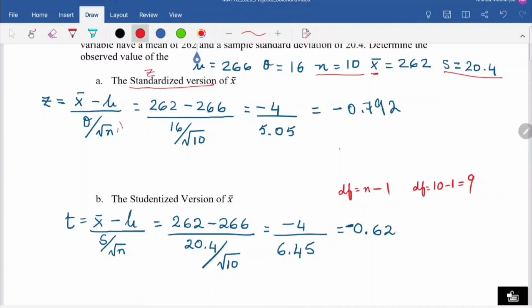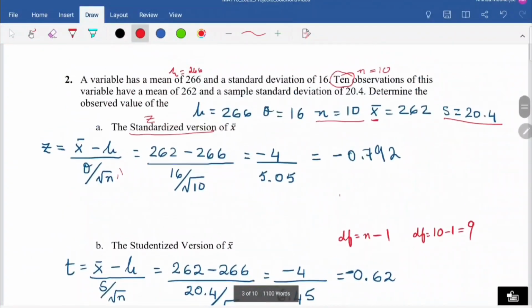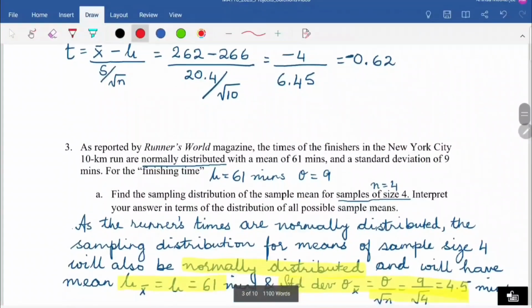But for this particular question, we don't need to mention the DF. However, later on, when you're finding confidence intervals or performing hypothesis tests, you will need to specify DFs. All right. So that answers question 2.